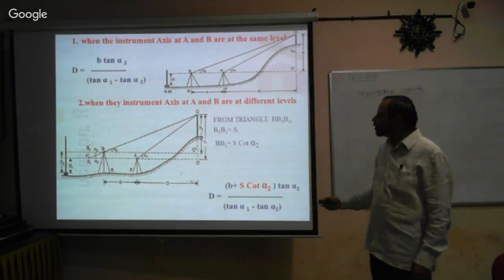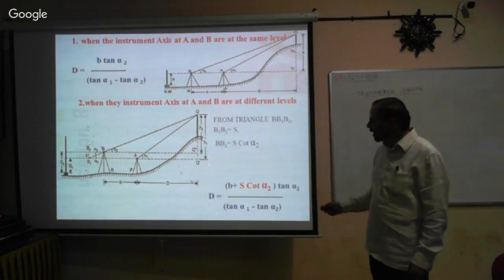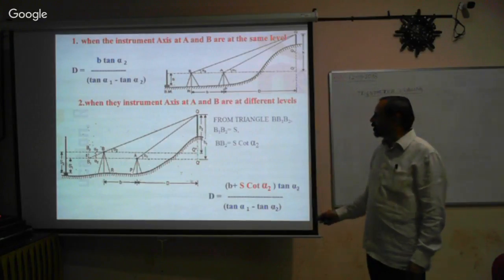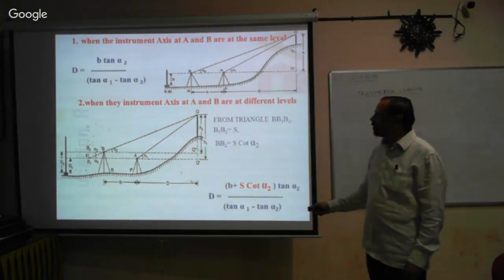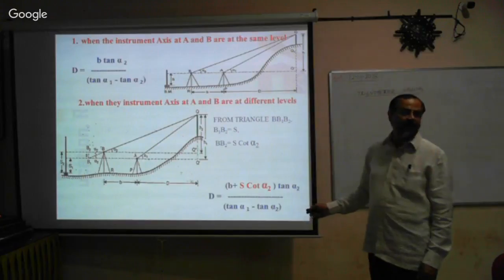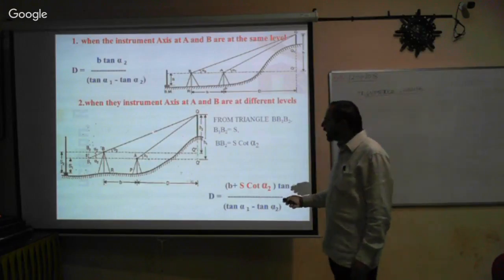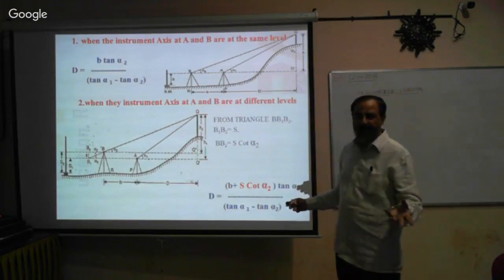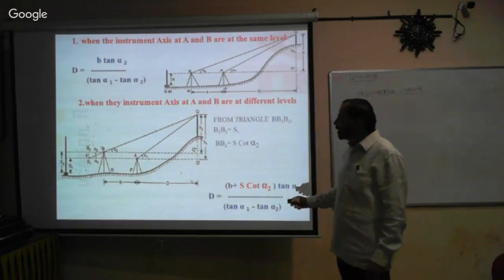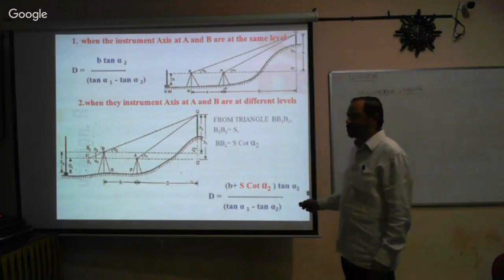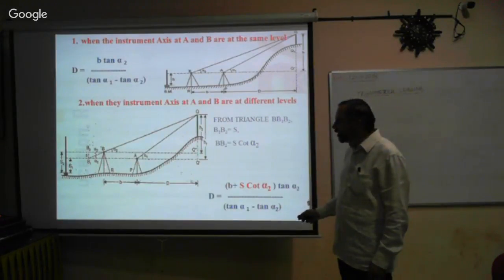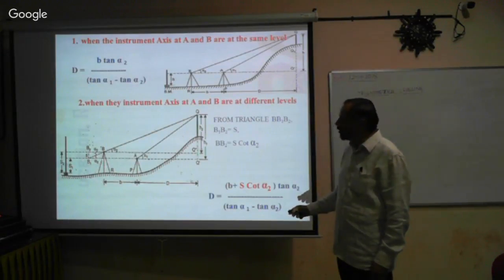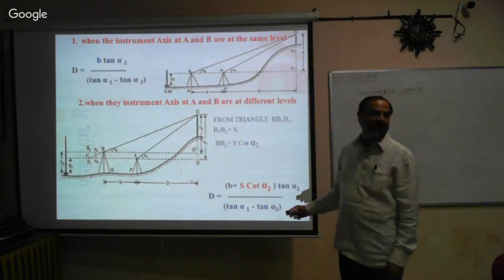So therefore, H1, considering the first triangle, is equal to D tan alpha 1. Then consider the second triangle, that is the modified triangle, Q B1 Q dash.